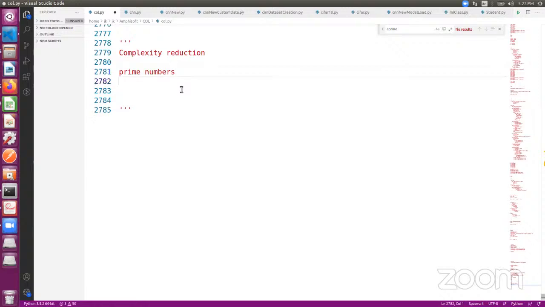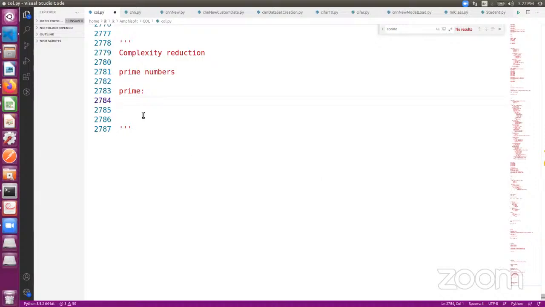Prime numbers. Okay, so what is the definition of a prime number? Divisible by the number itself and one. What about one? One and itself. A number that has exactly two divisors. Very good.